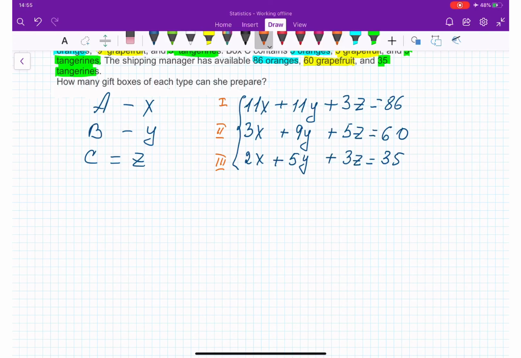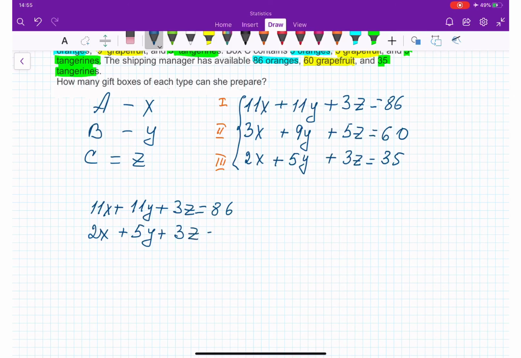I'm getting 11x plus 11y plus 3z is equal 86. And the third one, 2x plus 5y plus 3z is equal 35.